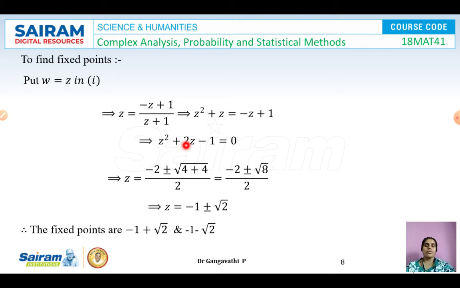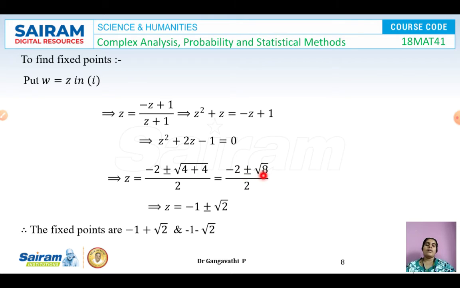You need to find the roots of this. The roots can be found by using factorization or by using the formula. Here we have used the formula minus b plus or minus root of b square minus 4ac by 2a. So we can substitute the corresponding coefficients, and this is the expansion we get.